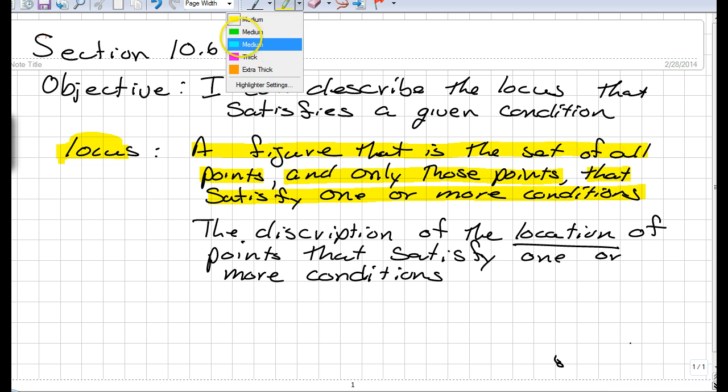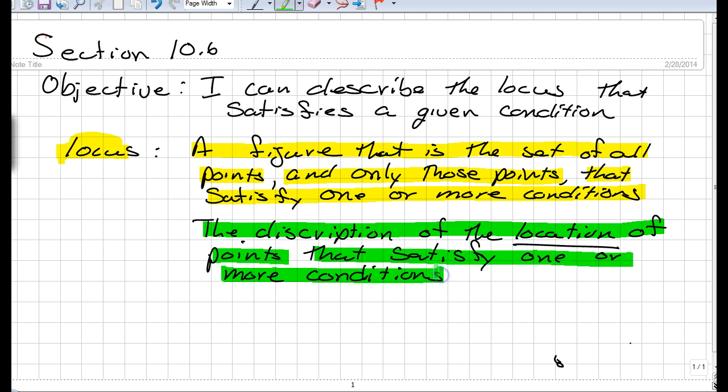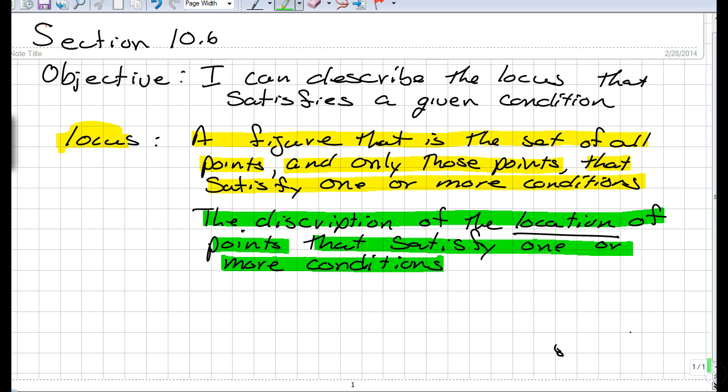In other words, it's the description of the location of points that satisfy one or more conditions. So we're talking about describing where the points are that meet the condition.